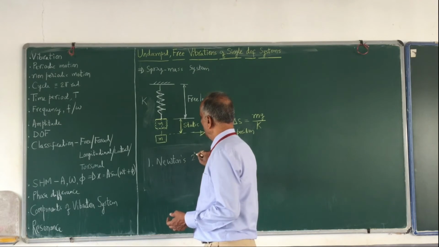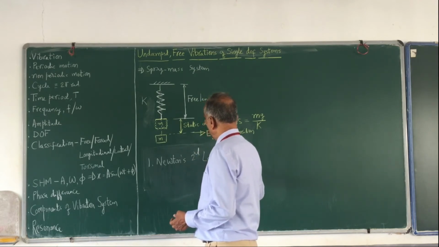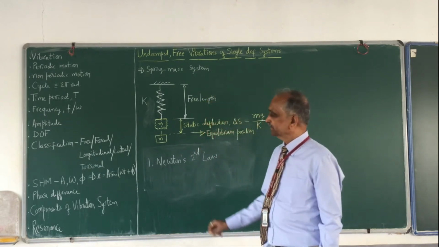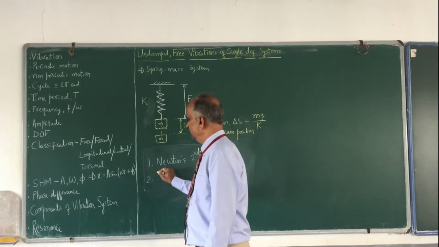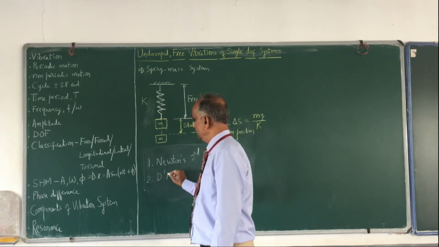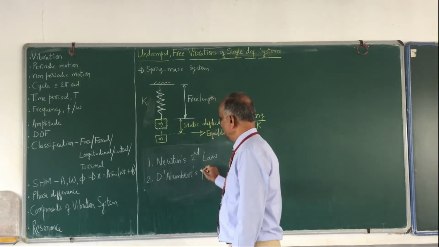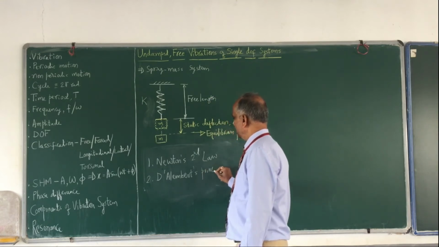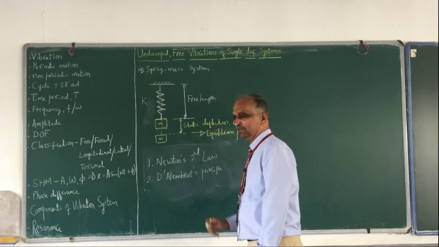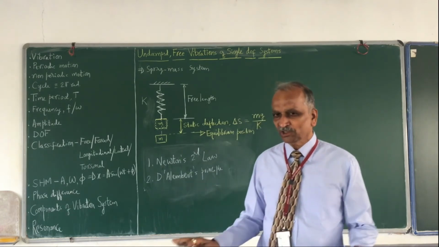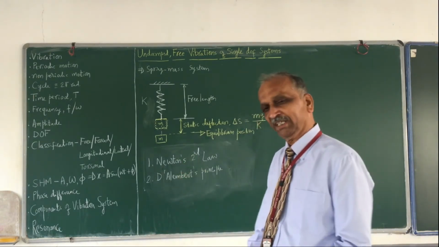Using Newton's second law, I can write down the equation. The second one is D'Alembert's principle. I can use D'Alembert's principle. The difference between the first and the second is such that only if you understand what you are doing will you be able to see it.